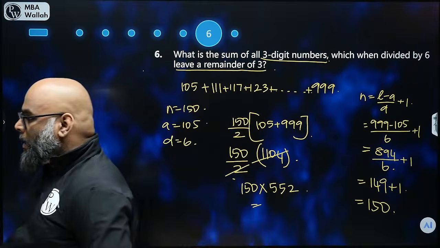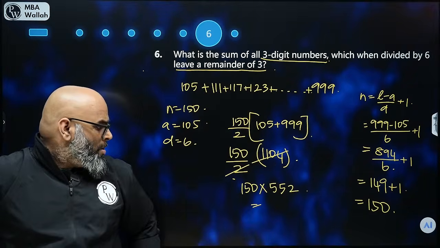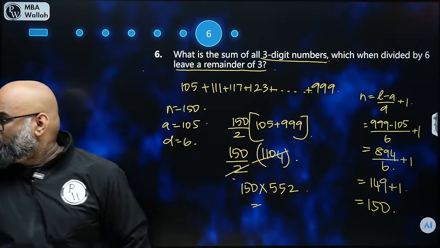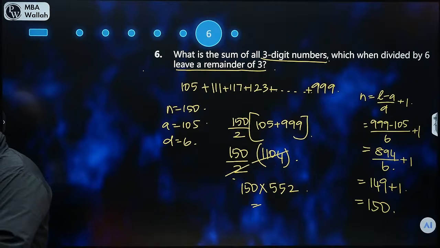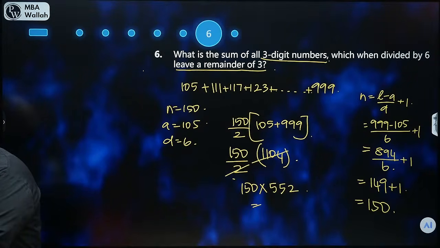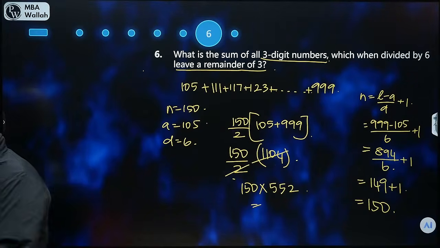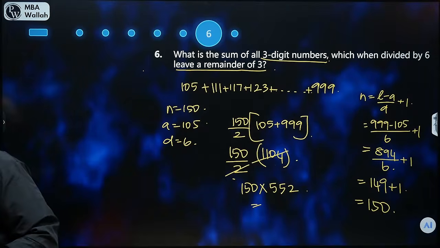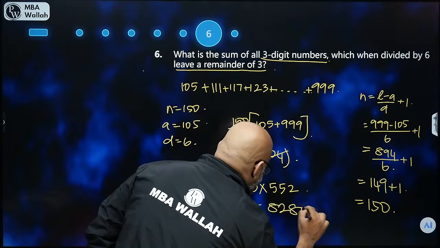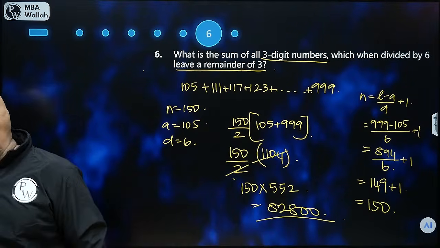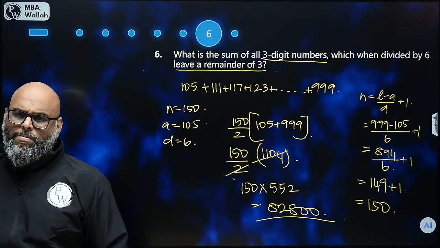Can someone pull out a calculator and tell me what this value turns out to be? 150 into 552, or I might as well do it. Eight two eight double zero. Are you also getting the same value? 82800, right? Any doubts?